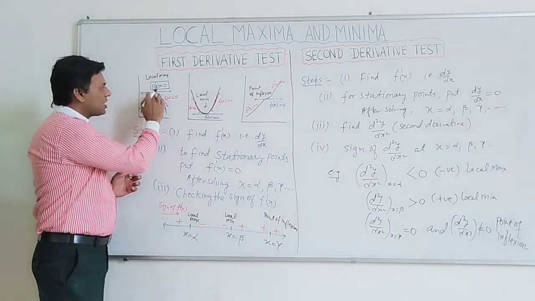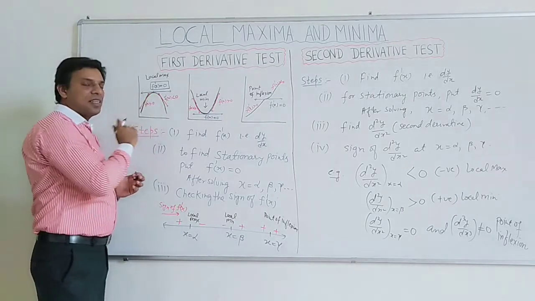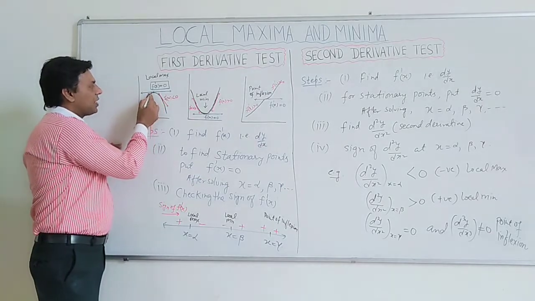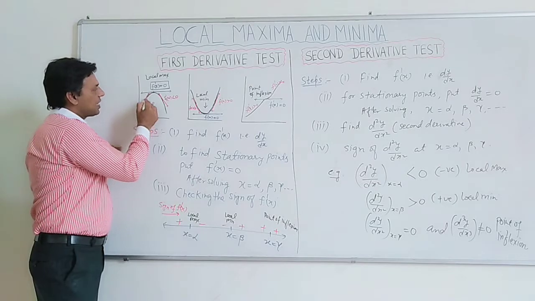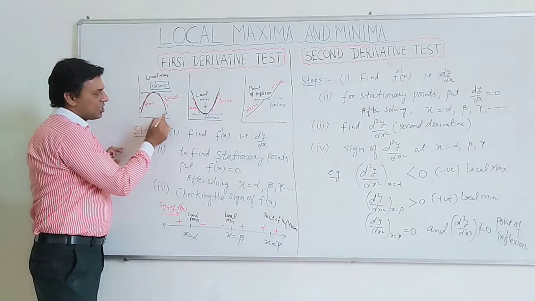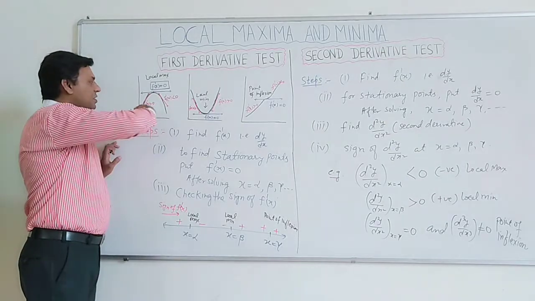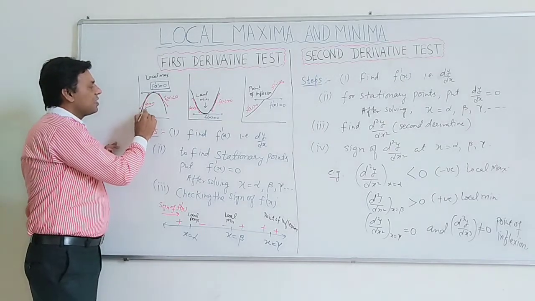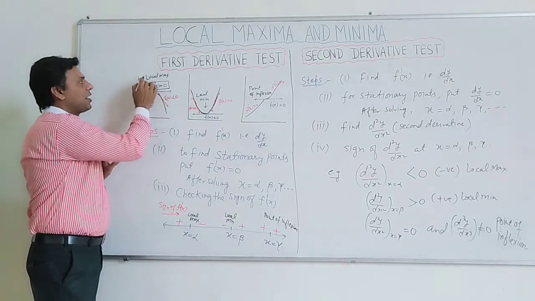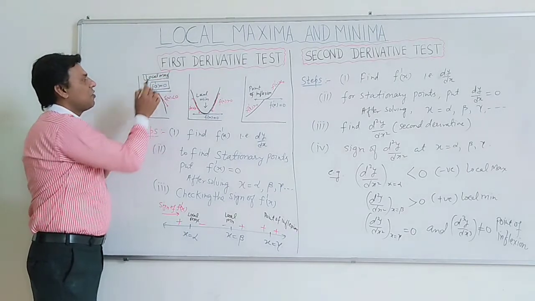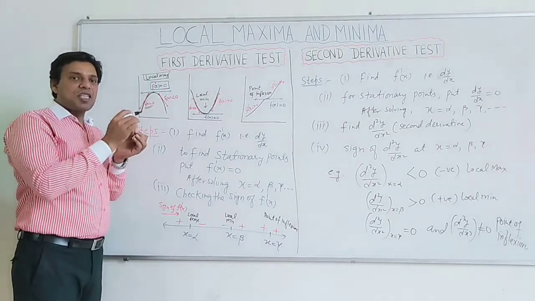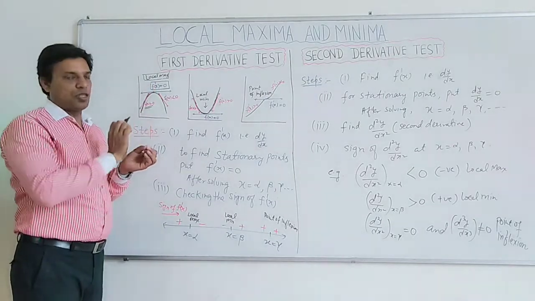It means on this graph, this point is stationary. Before this point the function was increasing, and after this point the function is decreasing. It means the derivative is changing its sign from positive to negative at this point. So this is the point of local maxima, because this point is the highest point in its neighborhood.